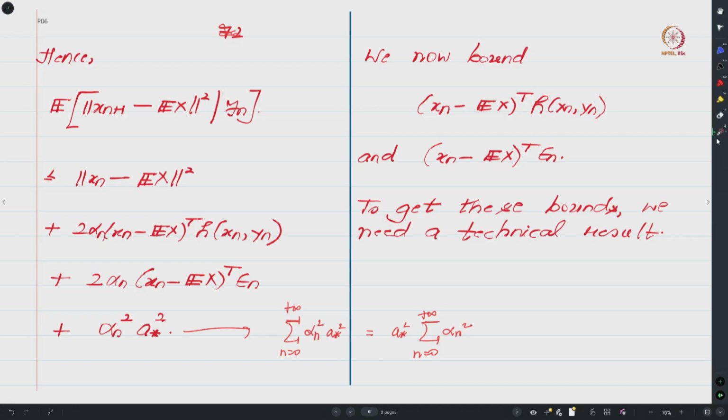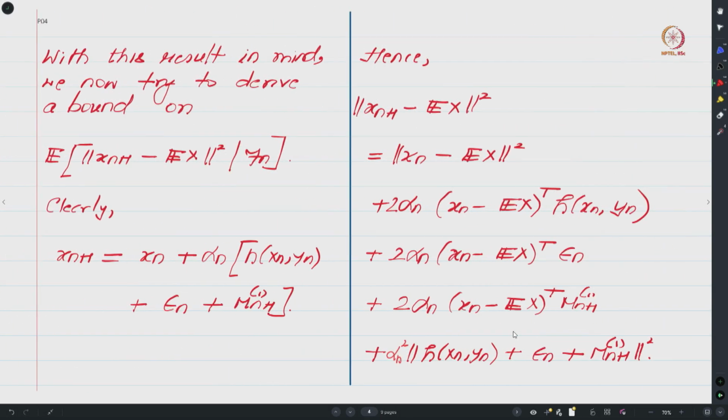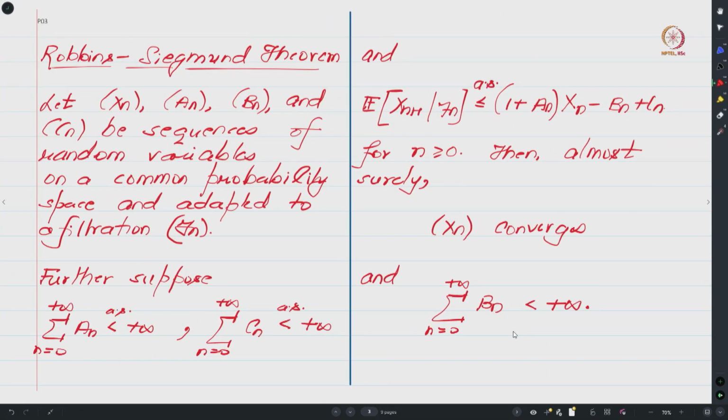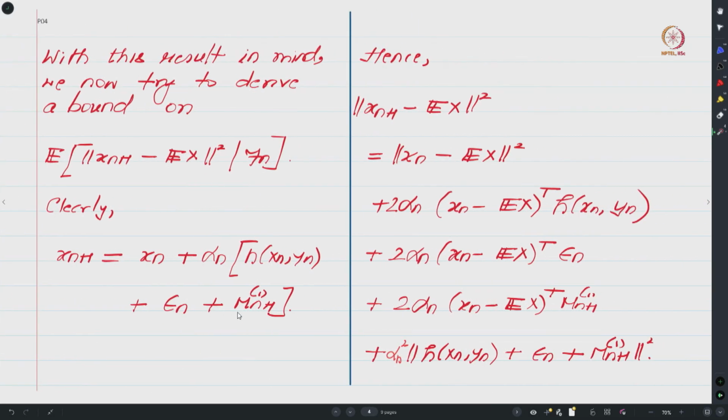So if I presume my step sizes are square summable, then indeed this expression will be less than infinity. If you go back to that Robbins Siegmund theorem, whatever is the last term, I hope you agree that I can subsume it within Cn, because in Cn we require that this summation Cn should be less than infinity. So at least for one of those terms we can see that such a condition indeed holds.